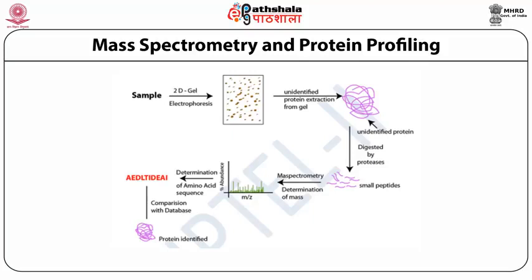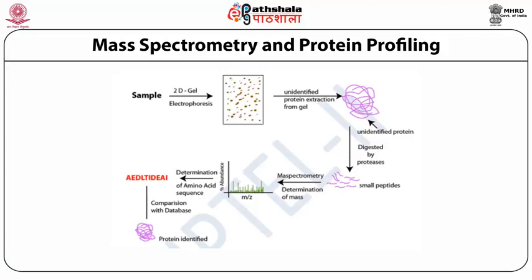In peptide mass fingerprinting, as we can see in the picture, we can have the various masses of those peptides in a graphical way, and after the determination of those masses, we can determine the amino acid sequences.